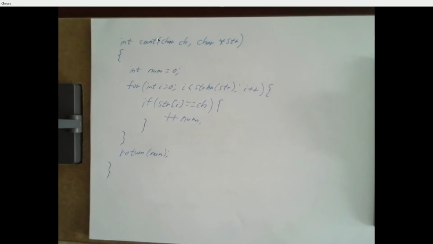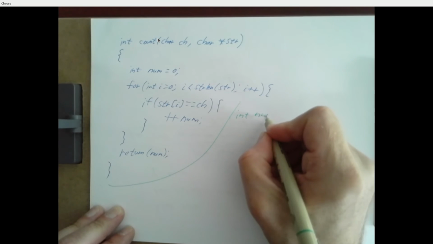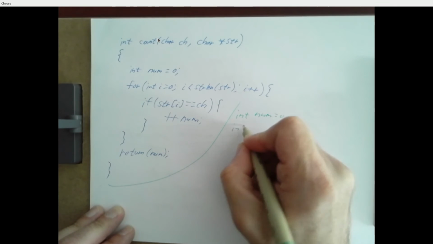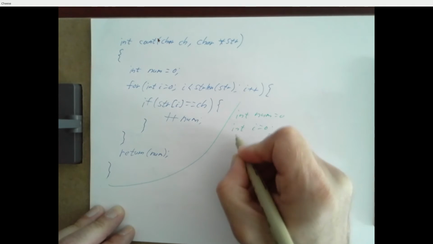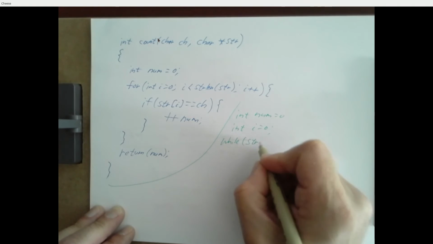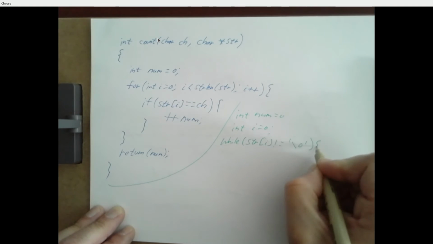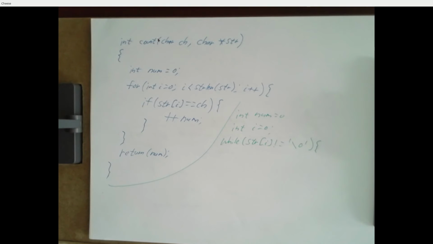Now if you want to do this with a while loop, we can initialize our index to 0 outside of the loop and then say, well, while str[i] is not the null terminator.